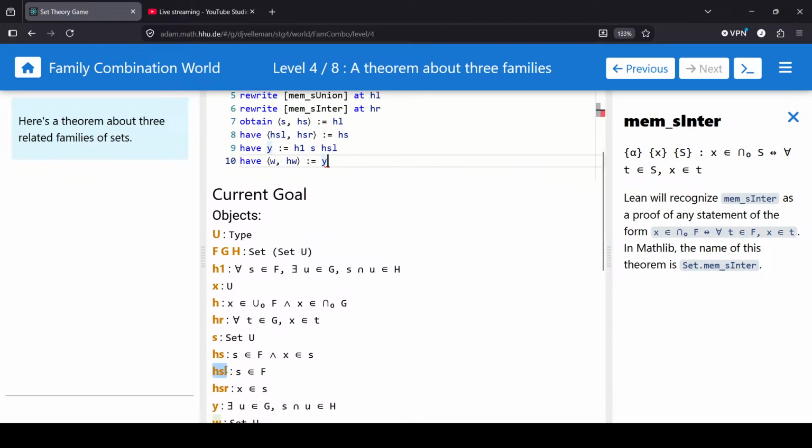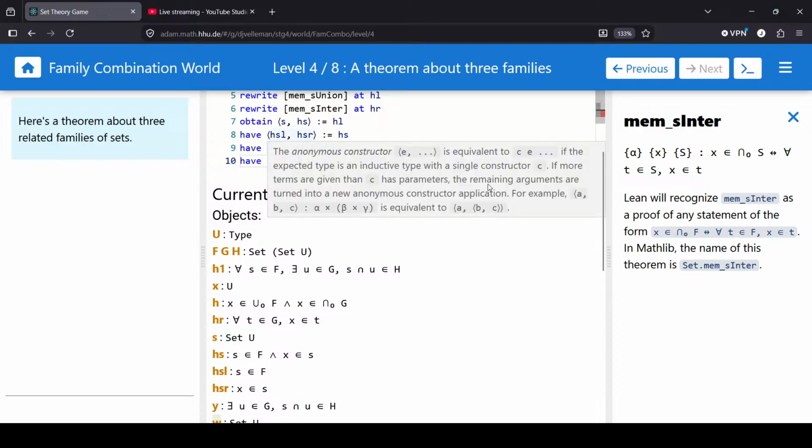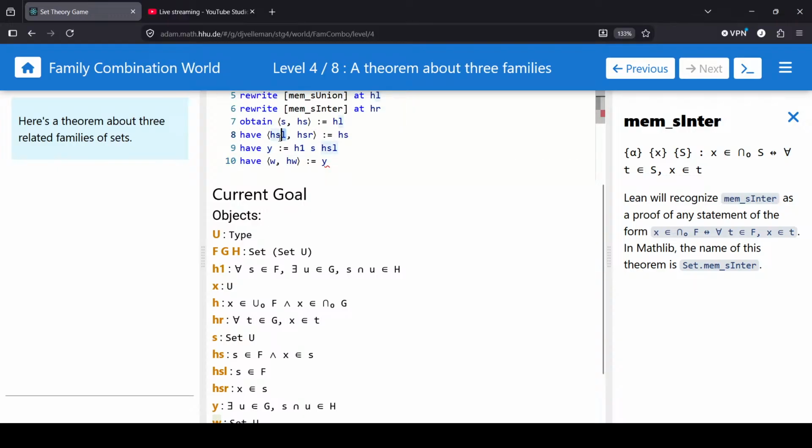Oh, so like this one you would name it HSF. And then this one would be HSX, I guess. I haven't used that one yet.